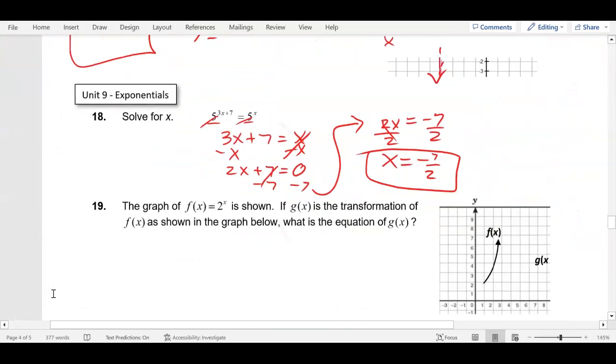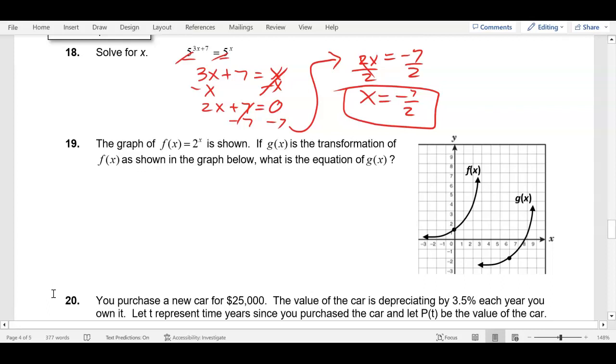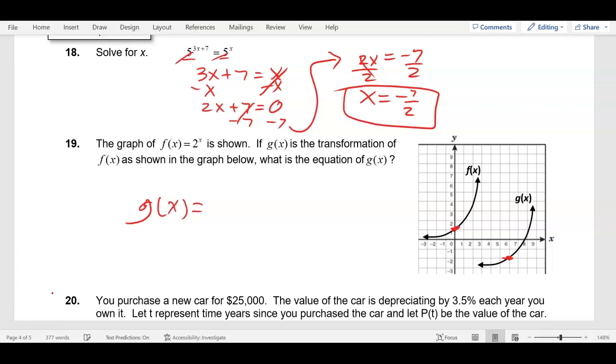Cool. g of x is a transformation of f of x, so you start here, and you end up over here. So if you know it starts with 2 to the x, then g of x is what? Well, you're going to have the 2 to the x, but it shifted 1, 2, 3, 4, 5, 6 to the right.